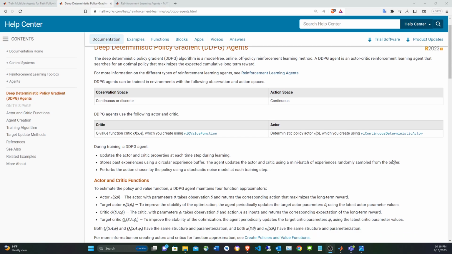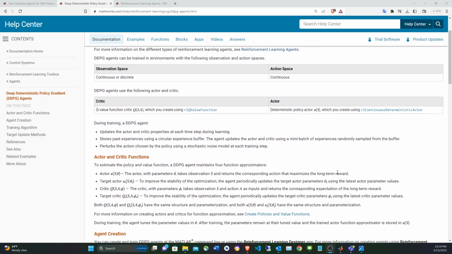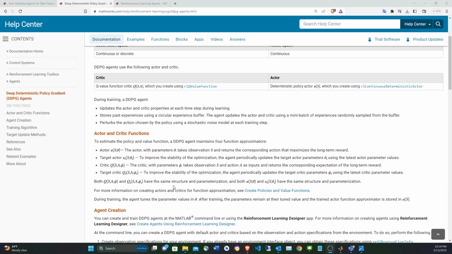Okay, so one of the properties that this agent has, as other agents have as well, is that it collects an experience buffer, and from that experience buffer it is randomly selected to have good statistical properties. You get a mini batch, and both of them can be configured, and basically it's going to train the critic to minimize the error of the long-term reward, and it's going to train the actor to maximize the actions that take rewards, the reward taken by the actions.